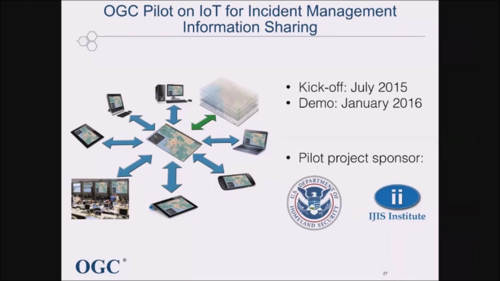You have different systems, but through open standards, including OGC SensorThings API, which plays a critical role in this pilot, we can form a system of systems. So the system boundary is gone. All you look at is the data and analysis.